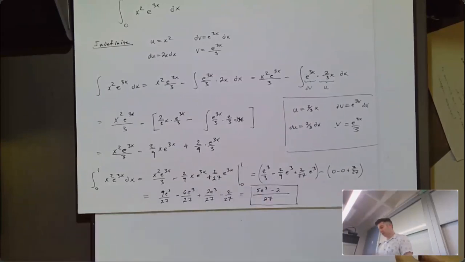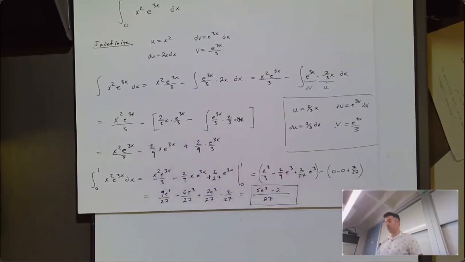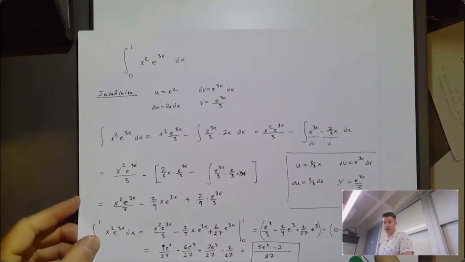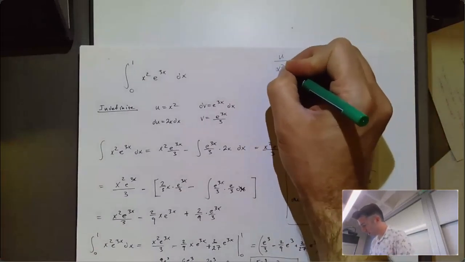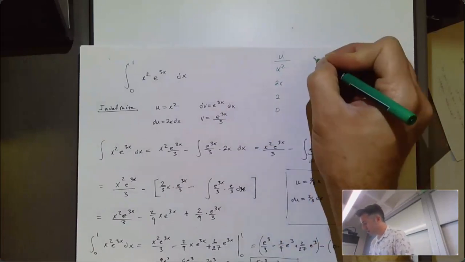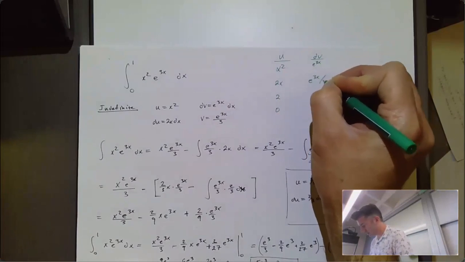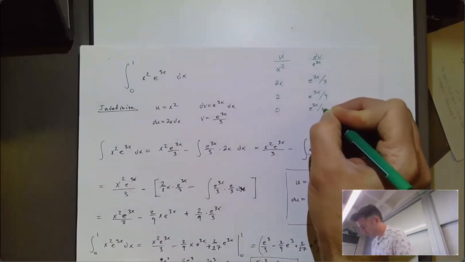What I was going to say about me missing this minus sign turning into a positive sign for the student here is one thing we could have done to check that our work was right: a quick tabular. We could have said, okay, tabular, u is going to be x squared, derivative is 2x, then 2, then 0. dv is e to the 3x, and then the integral is e to the 3x over 3, e to the 3x over 9, e to the 3x over 27.